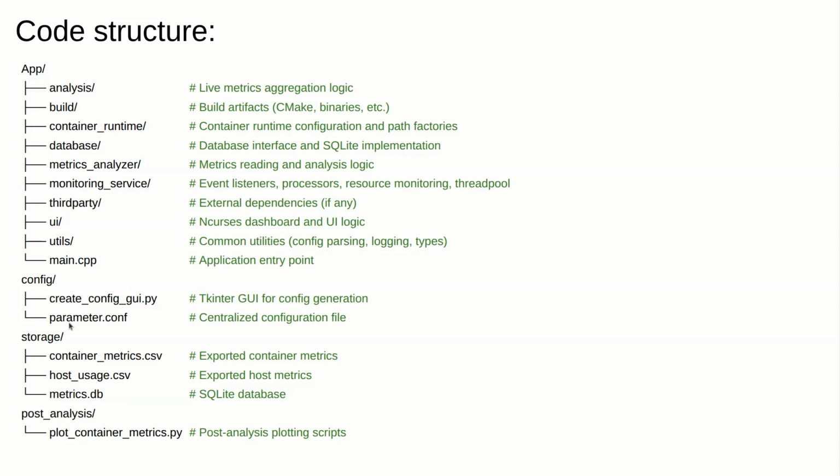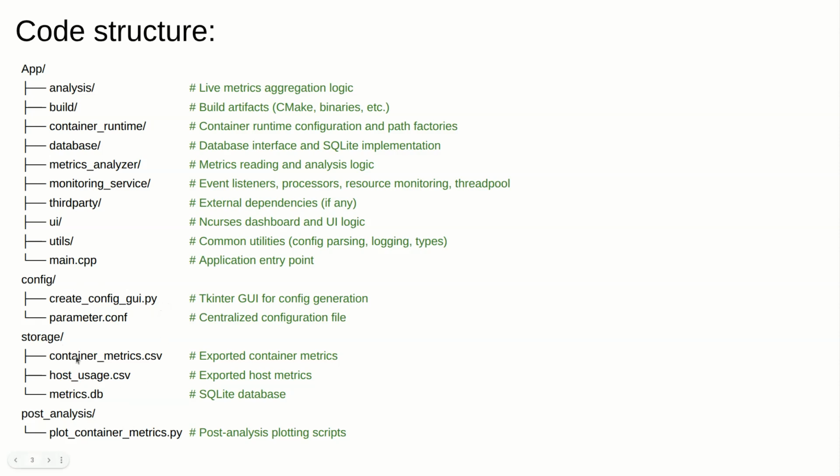This is the configuration file using which we can tune the sample rate, how many threads we want, how many containers per thread we want, what should be the UI refresh rate, what should be the container sampling rate, etc. So everything can be controlled from here, which will be generated from this particular UI.